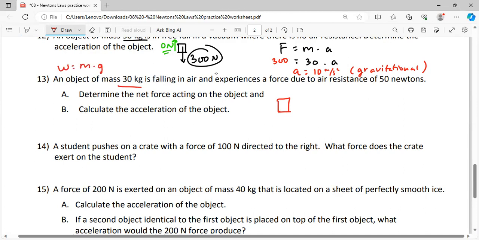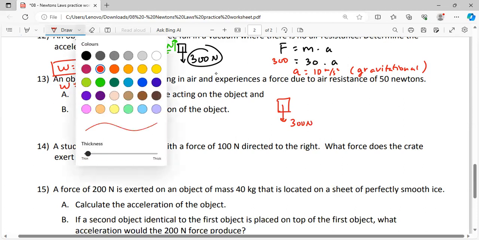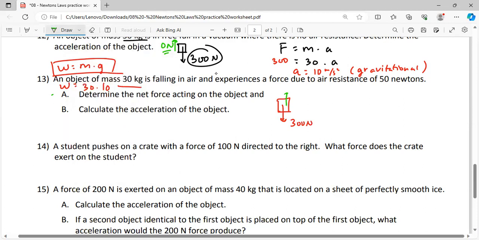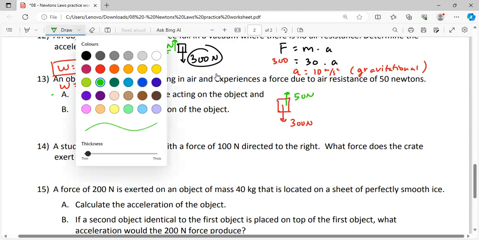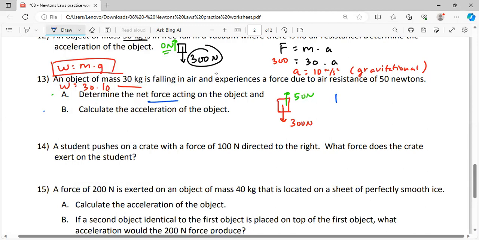The weight is 30 multiplied by 10, where 10 is for gravity, so it's 300 Newton going down, and there is an air resistance of 50 Newton, of course going up, opposing the direction. So the net force here is 300 minus 50, which is 250 Newton going down.